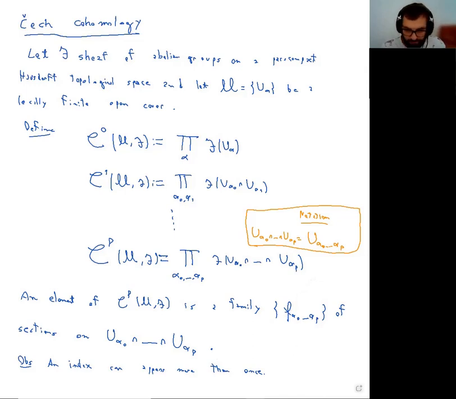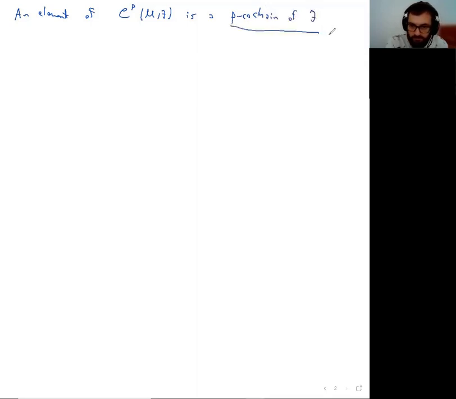And an element of C^P(U, F) is called a P cochain of F.